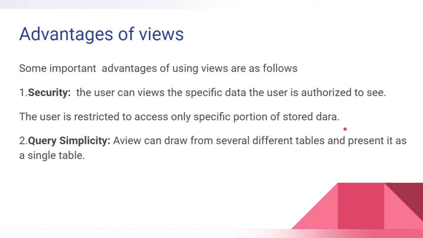For example, if I have a school database and I have created a student table in that database, I want to allow students to see their registration name, their address, their roll number, their class, but not their grades, and not how that data is updated, for example in the examination section.